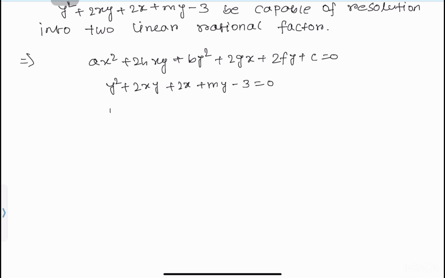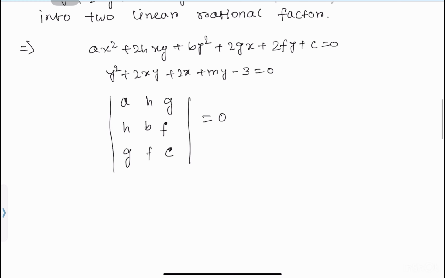The condition is the determinant of a, h, g, h, b, f, g, f, c. This determinant value should be equal to 0.